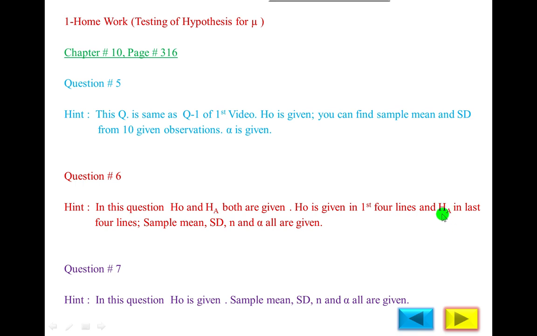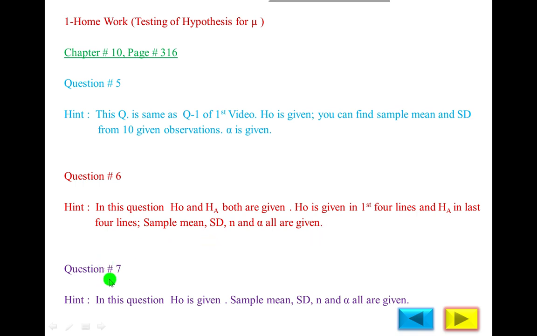In the last 4 lines, the question about the result of the sample data is indicated. So sample mean and standard deviation, N and alpha, all are given in this. Substitute in the formula, and you will obtain the T calculated value and T table value from the T test table.